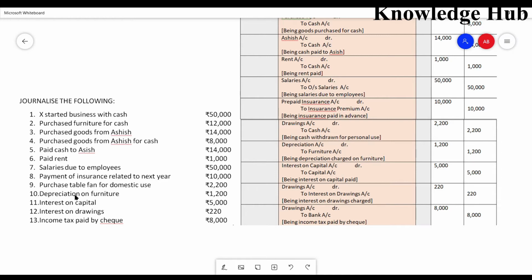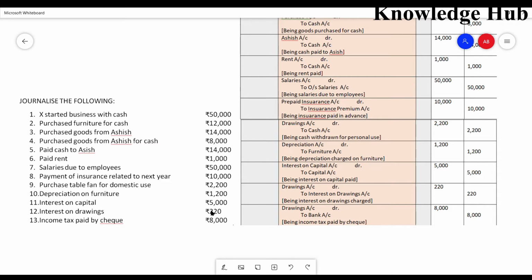Depreciation being an expense is debited and the value of the asset is reduced, so it will be credited. My journal entry stands at depreciation account debit to furniture account for an amount of 1200, 1200. Narration is being depreciation charged on furniture. Let's move on to the next transaction.